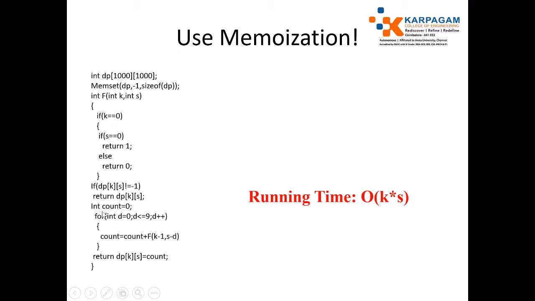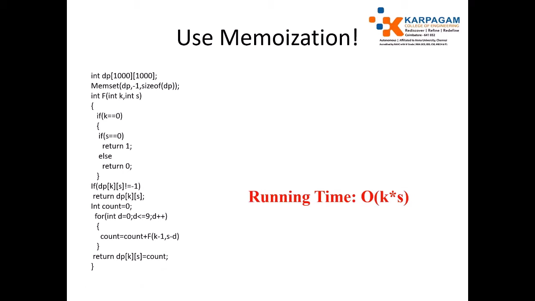By using this step: int count equal to 0; for int t equal to 0, t less than or equal to 9, t plus plus, count equal to count plus f of k minus 1 comma s minus t. Finally, return the count and also record the count value into dp of k comma s.